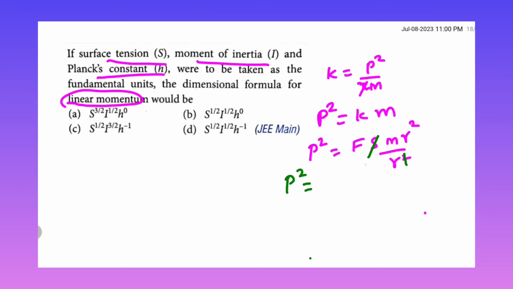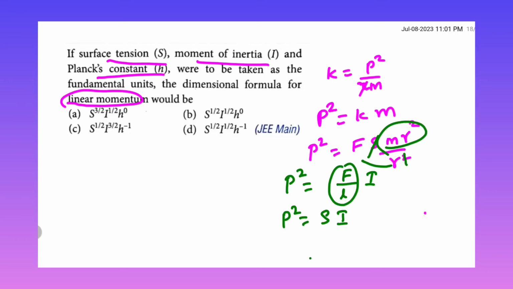So P square is left here. Force, this radius comes below the force, it becomes force by length, and m r square is going to become moment of inertia. Therefore P square is going to become force by length, which is surface tension, and I.